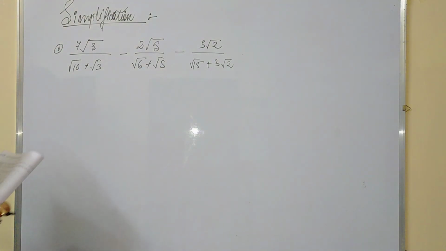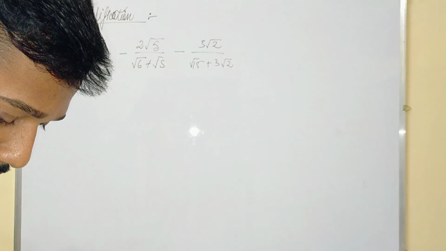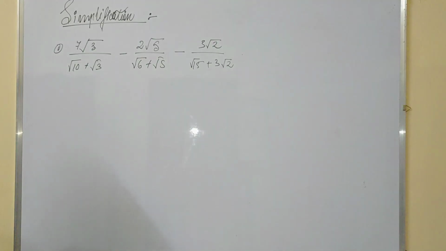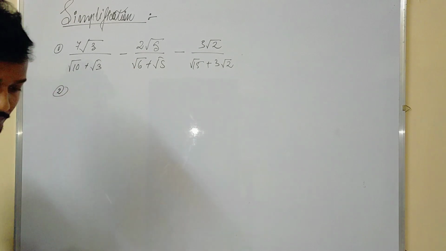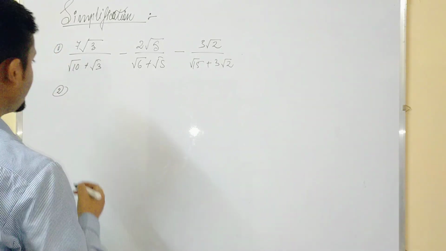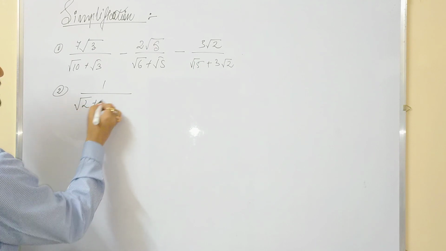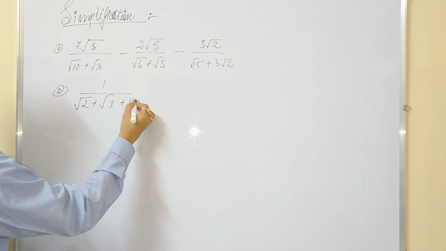This is one of the questions. Next, this particular question also you can try. This will be based on rationalizing the denominator: 1 by root 2 plus root 3 plus root 10.